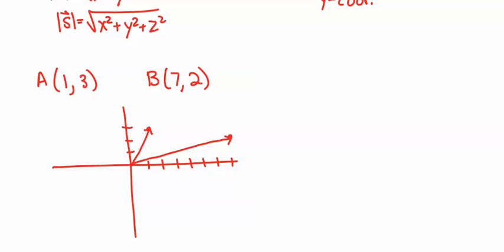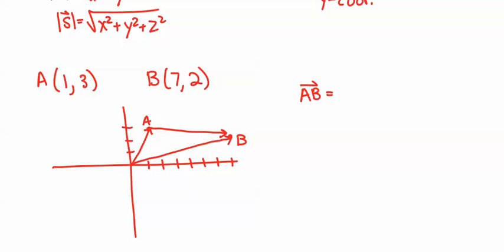Okay, so the distance between those 2 points is going to form vector AB. I put that notation when we add vectors, but that was incorrect. So here's A, here's B. So vector AB is going to go from A to B.